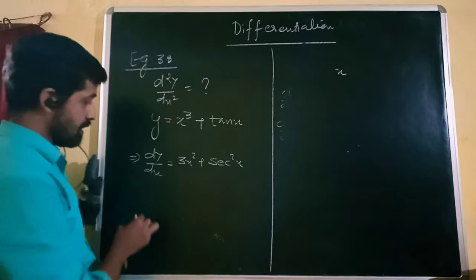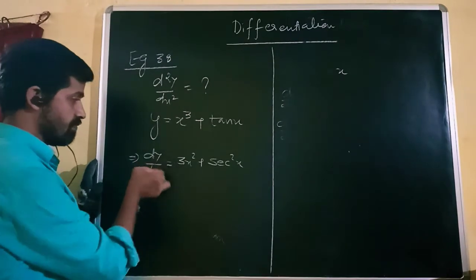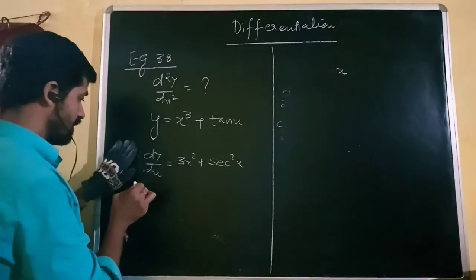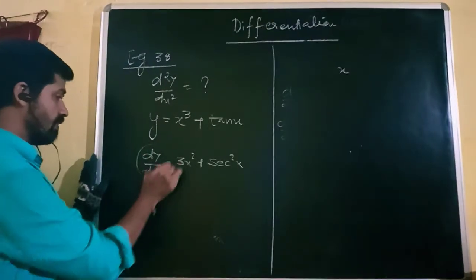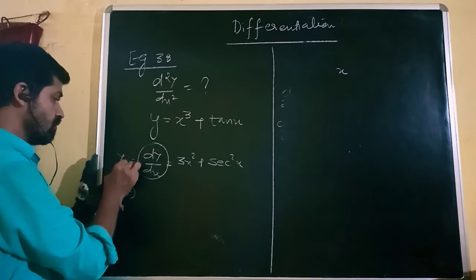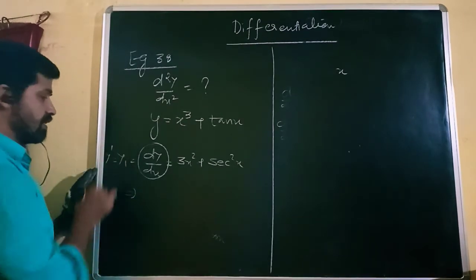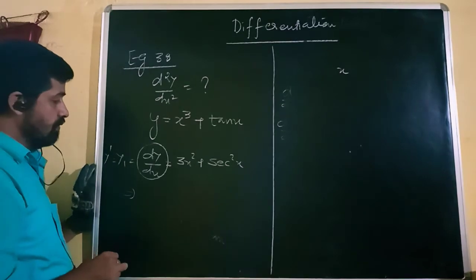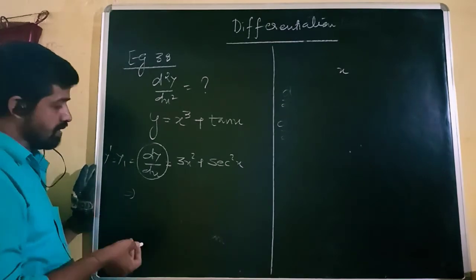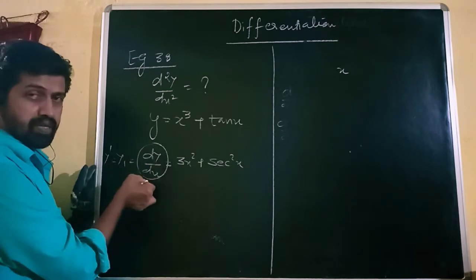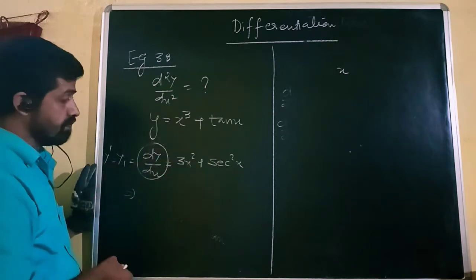So the first order derivative, that is y1, is easy. Children, do remember that dy by dx is also denoted by y1, and at some places you will find it denoted by y dash, the first order derivative. So it is clear that y2 will denote the second order derivative, and y3 and so on.